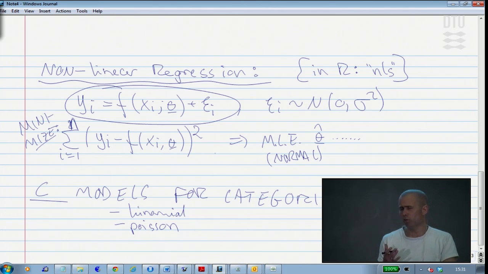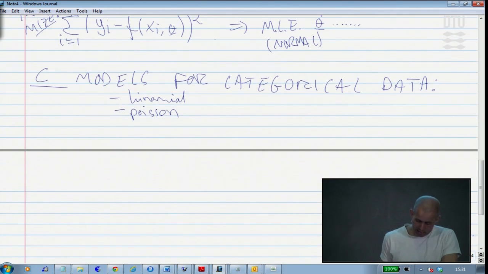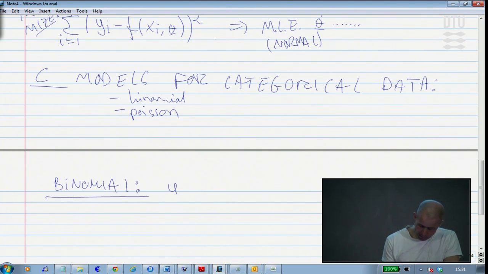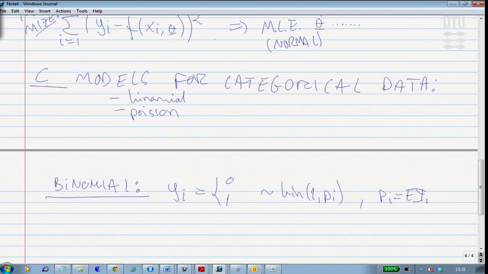but still we might have an interest in doing some kind of regression modeling, at least between the means of y and some underlying x. And typically, for instance, if we have a binomial, we would have that yi would be either 0 or 1, that is a binomial with 1 and pi. The pi here is then the expected value of yi.